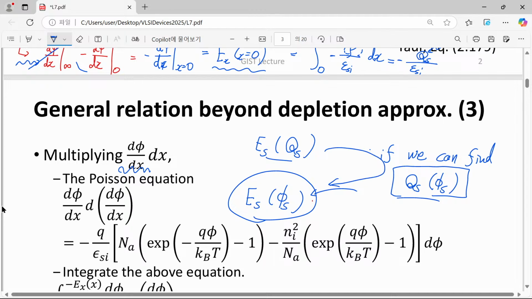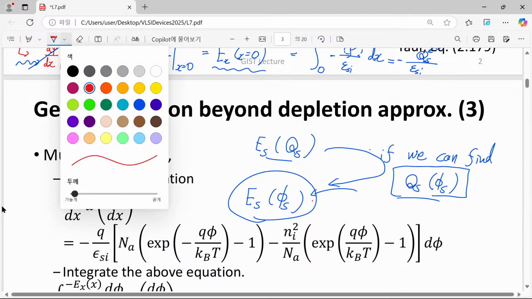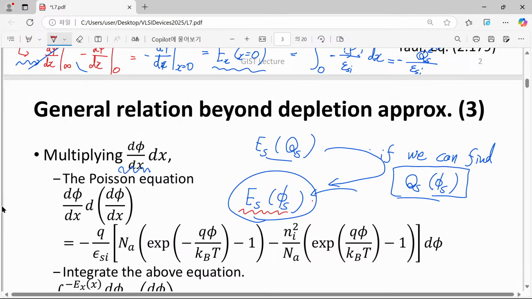Instead, we directly try to find this expression, and it can be done by just multiplying by this weighting factor and integrating the Poisson equation all over our simulation domain. So we will not follow this way.